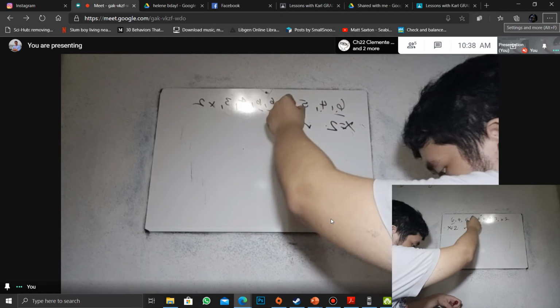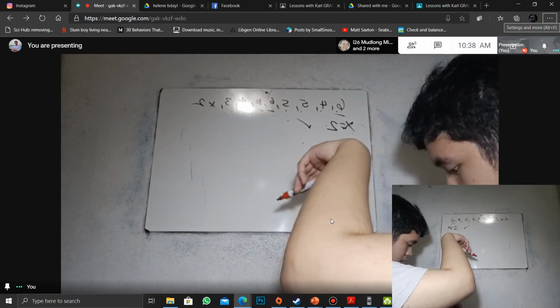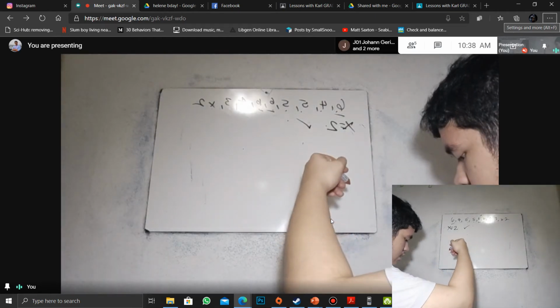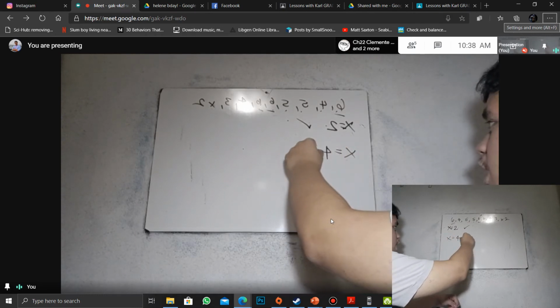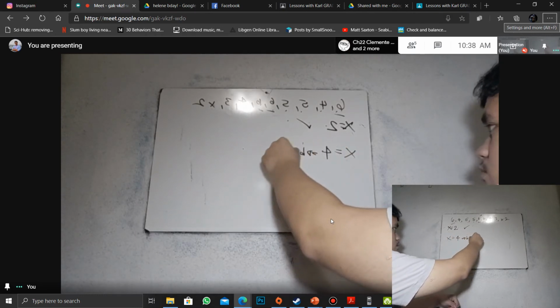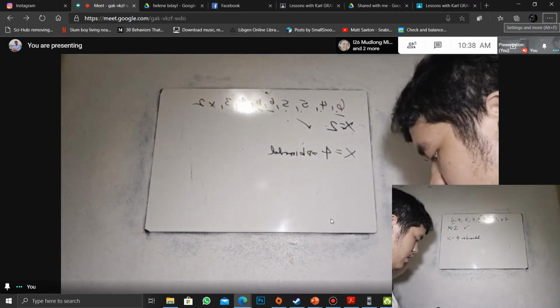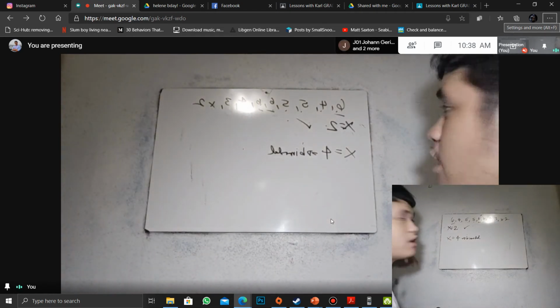Okay. If 4 yung mode, bawal, kasi magiging bimodal na. Pareho ng 3 yung 4 at saka 6.